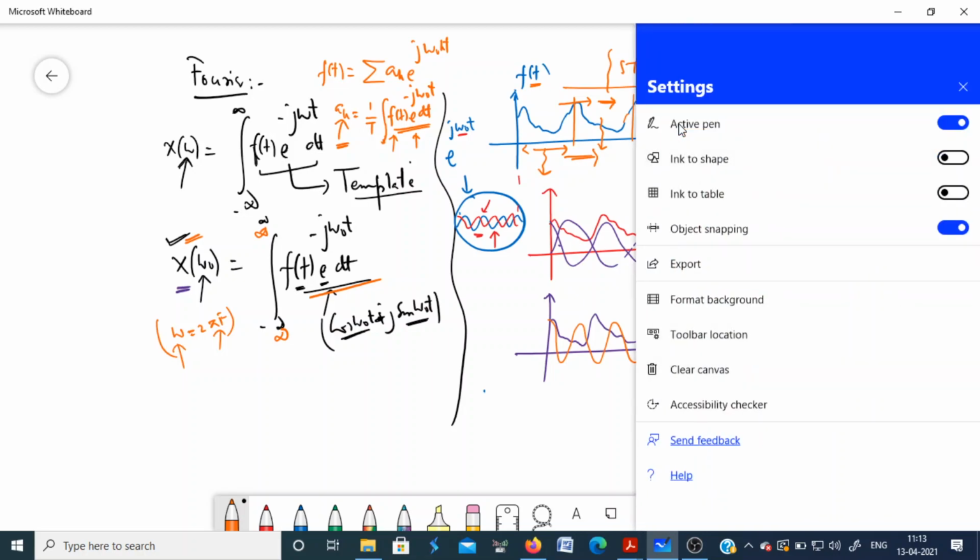Okay, now if you compare this to the wavelet transform, the CWT I am discussing, the continuous wavelet transform: we have seen that the CWT of a signal is a function of two parameters, tau and s. You have the function f of t, you multiply it with a template and you integrate it.